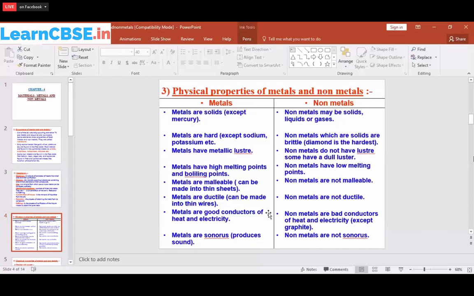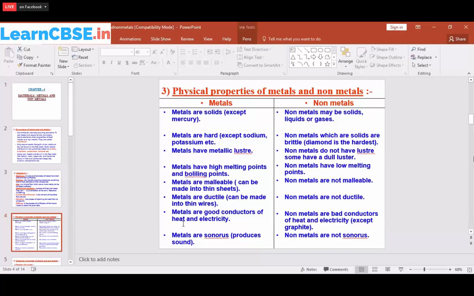Graphite is the only non-metal that can conduct electricity, because of the arrangement of carbon atoms: three carbon atoms are bonded to one another, so one electron on each carbon is set free, and that electron can conduct electricity.